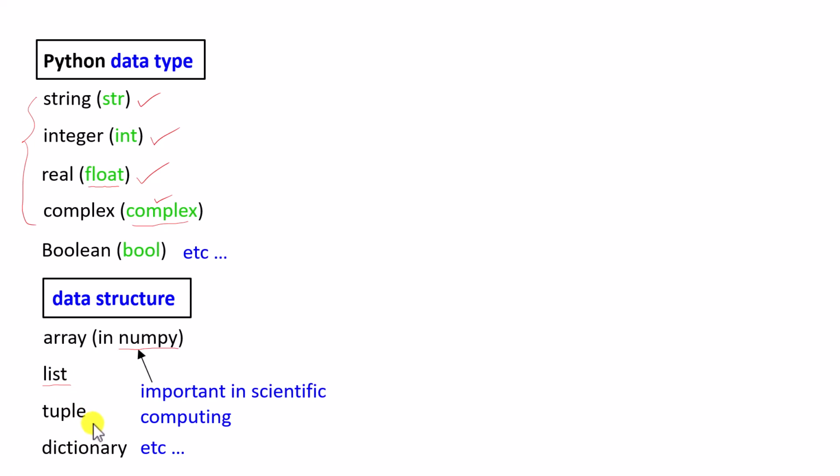But in scientific programming, most important are arrays and somewhat important is the list. So in this lecture, I'll talk only about lists, and arrays we'll use from NumPy, and we'll talk about NumPy later on, not in this lecture.